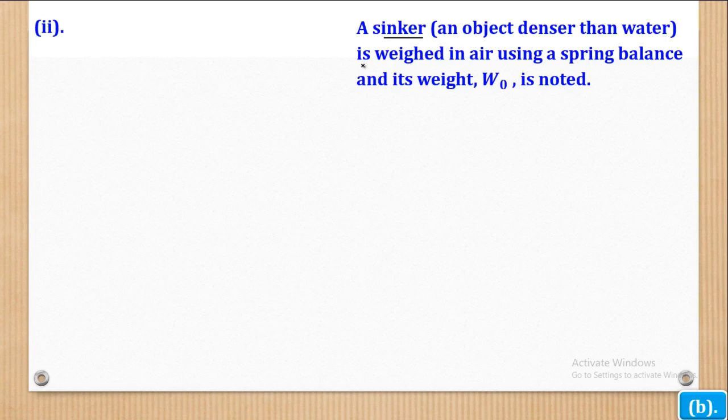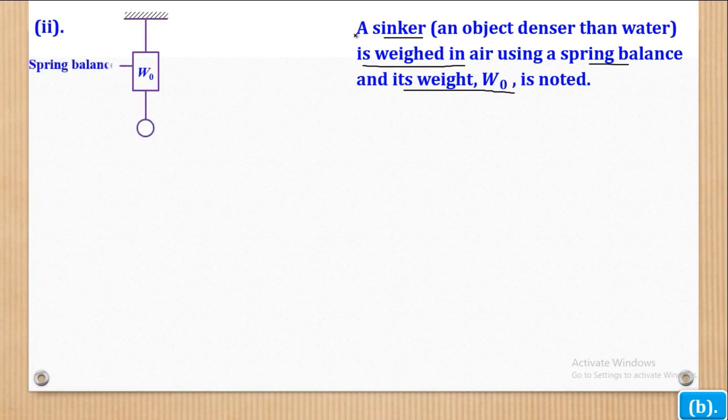A sinker is weighed in air using a spring balance and its weight W0 noted. So you can illustrate it like that. So it's suspended in air on a spring balance and you measure its weight, and this weight will be W0.